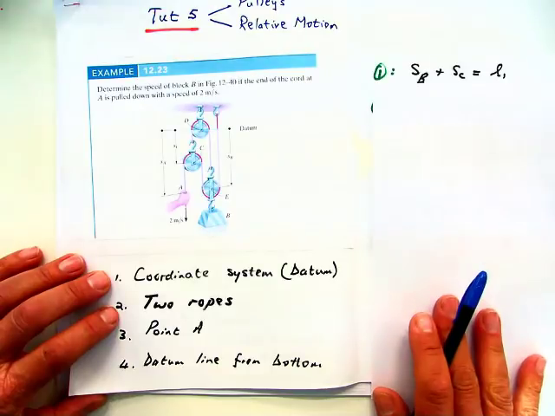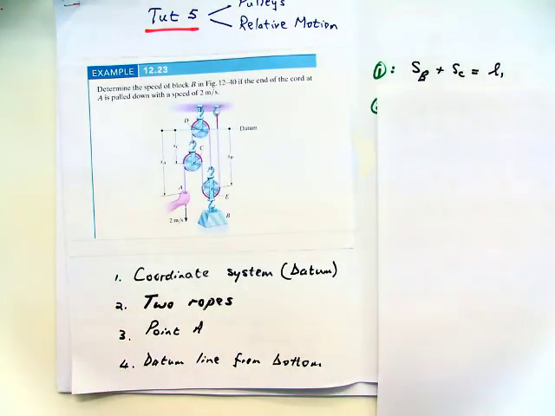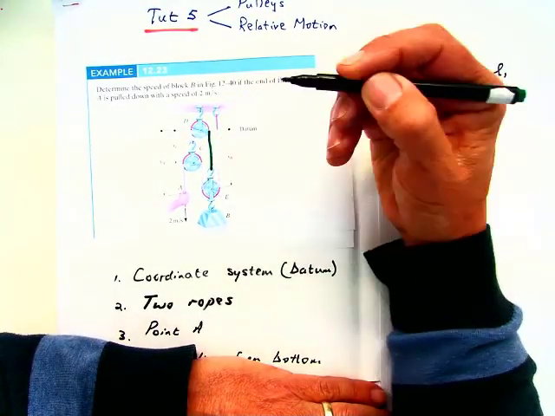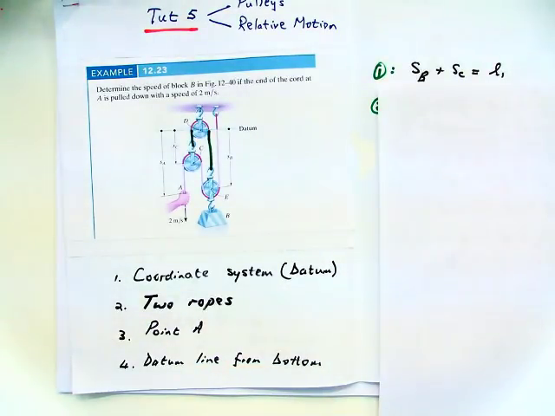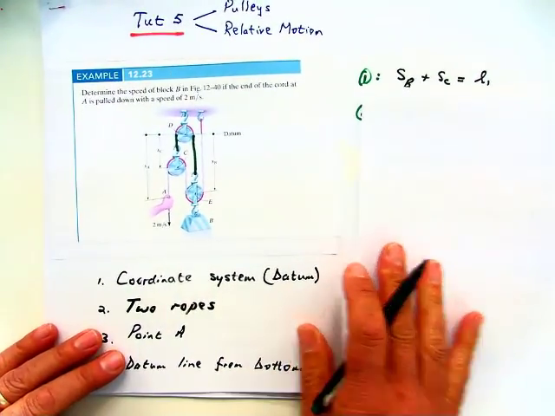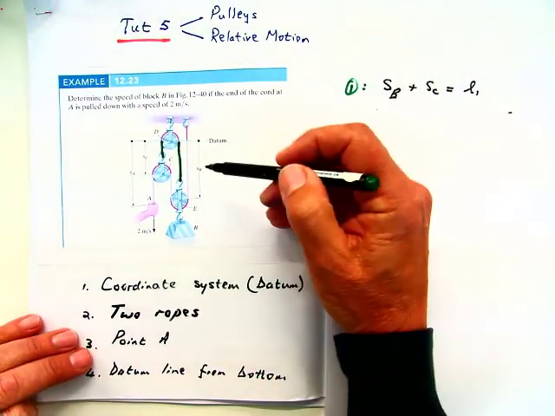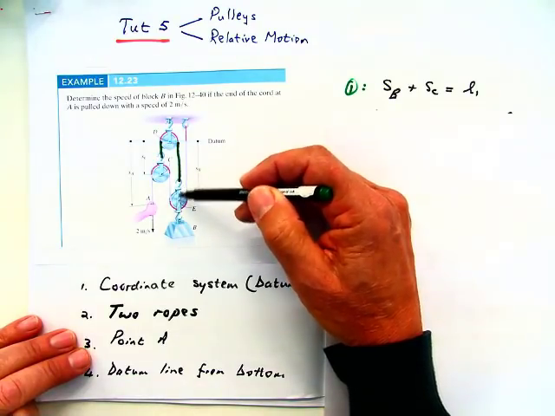Okay, in this case, for the 2 ropes, the first rope, the inside rope, would be that distance there plus that distance there, and that is the SB plus the SC. SB is actually that distance plus that distance there, but that's a constant.